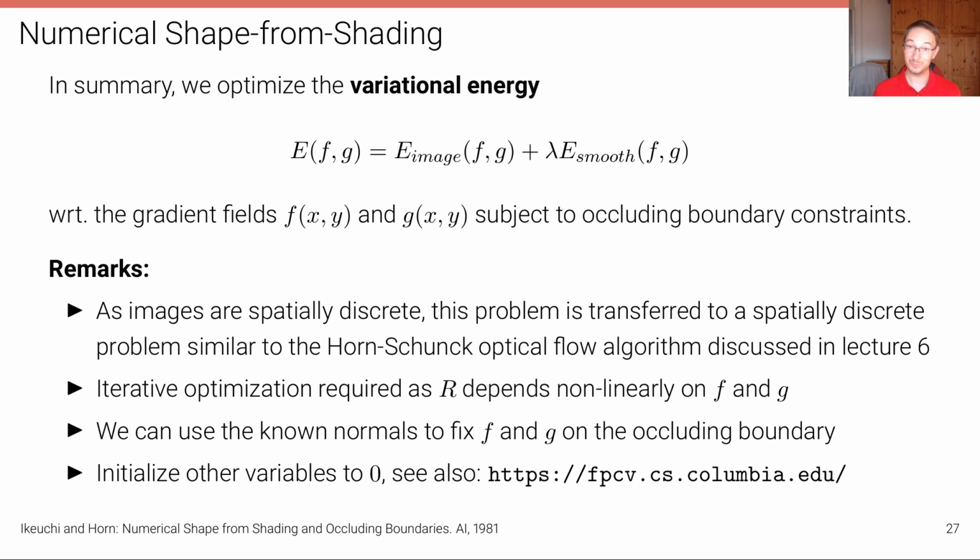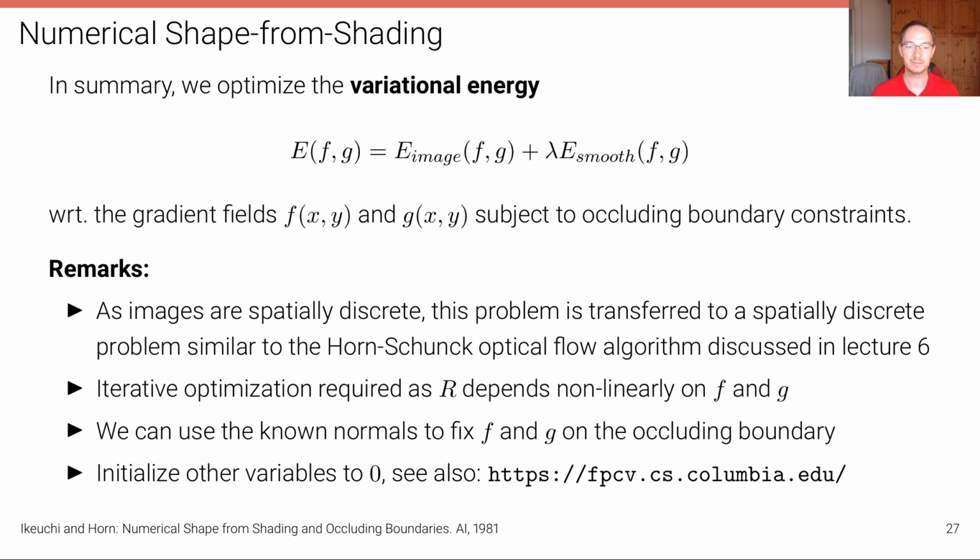Furthermore, similar to optical flow, iterative optimization is required as R depends nonlinearly on F and G. And R is required in this image term here. Furthermore, we use the known normals at the occluding boundaries to fix F and G on the occluding boundaries, and we initialize all the other variables to 0.